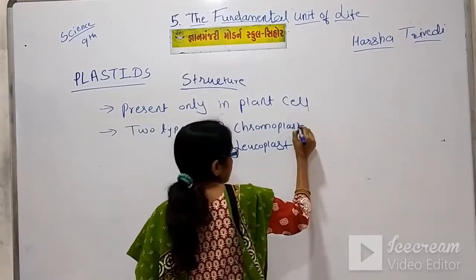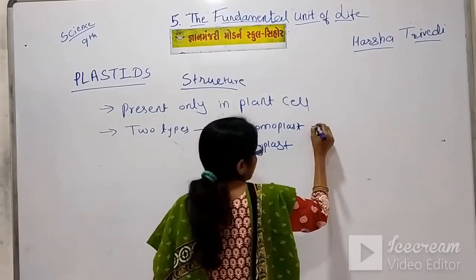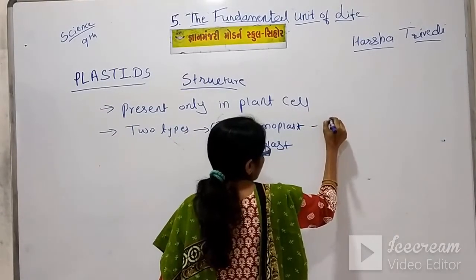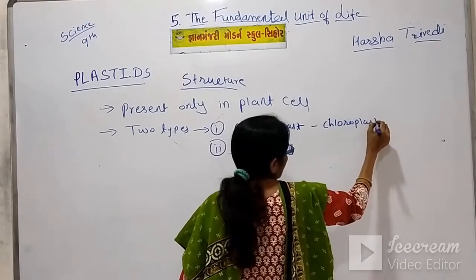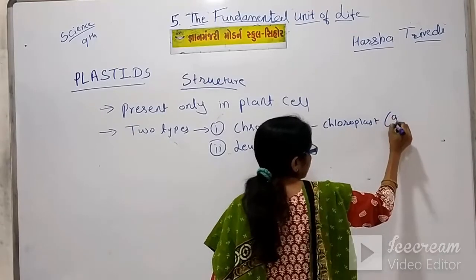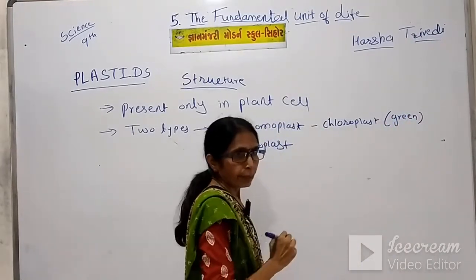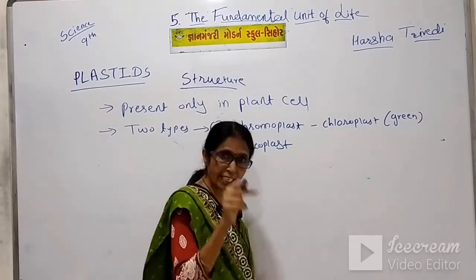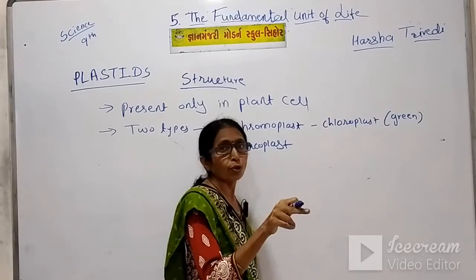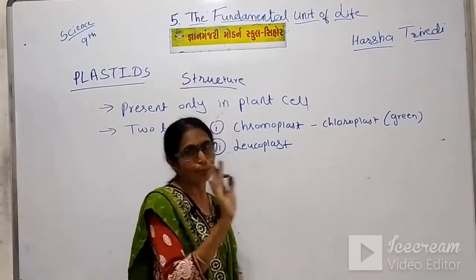Chromoplast means it possesses pigments; if it contains chlorophyll, it is green in color. Otherwise, due to other pigments, these are the special chromoplasts. If it is green in color, then that type of chromoplast is called chloroplast.